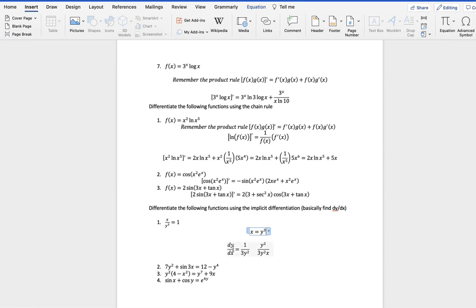And remember, you're trying to find the derivative of y in terms of x, so you need to have y on that side, without the exponents, basically.